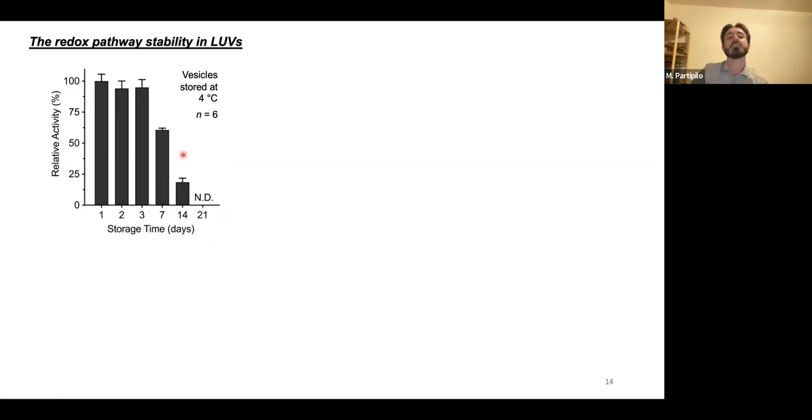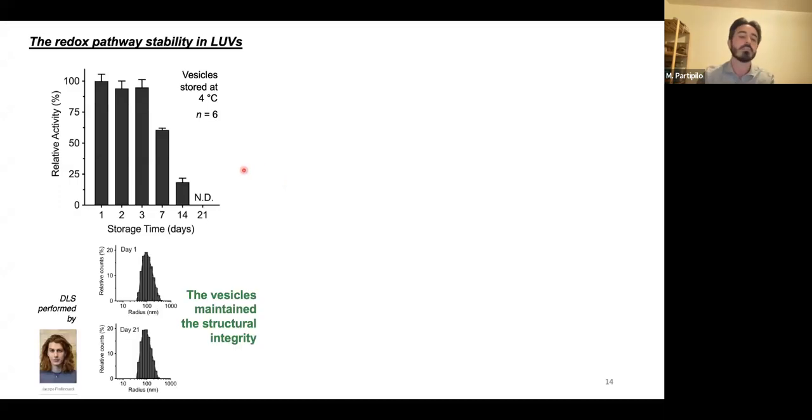We try to understand if this kind of behavior was something that we should have ascribed to the stability of the vesicles, or if it was a phenomenon that was regarding the enzymatic deactivation. For this reason, my colleague Jacopo performed dynamic light scattering on these vesicles, and basically he managed to observe that the distribution profile of the vesicles at the day of the preparation just did not change after 21 days of storage, as you can see here.